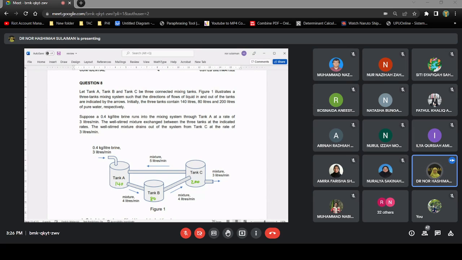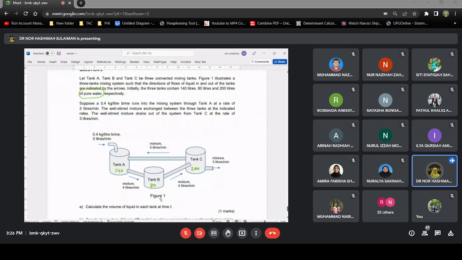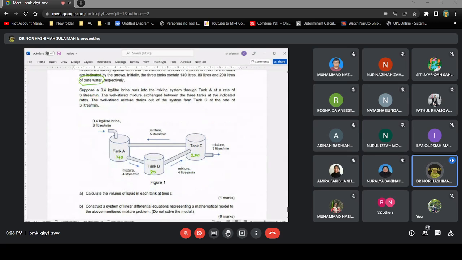This is very important because when it comes to calculating the concentration, it mentioned here that all the tanks contain pure water. Pure water maknanya dia tak ada maknanya apa kalau pure water?